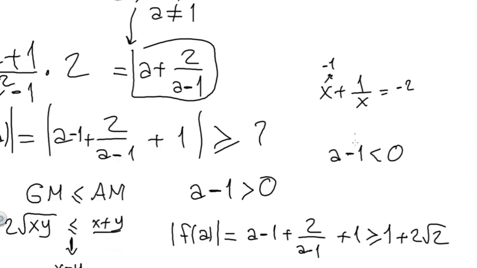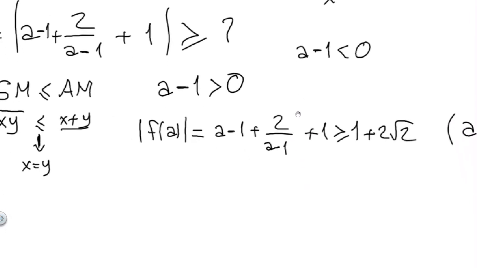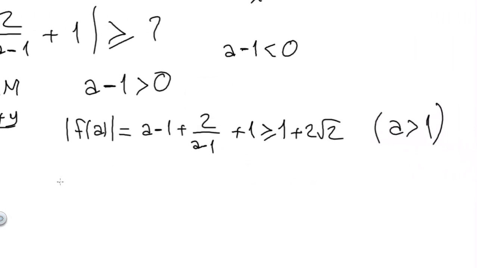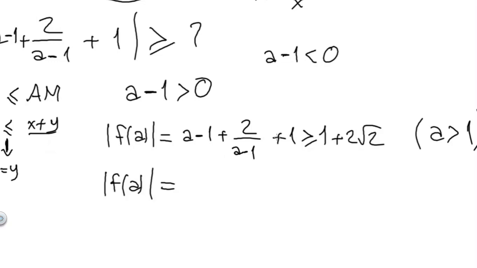So actually, if A is less than 1, if A minus 1 is negative, then this whole thing will also be negative, because this one is kind of smaller than that thing. So I'm going to have that FA is equal to, so this thing will just be negative, which means it will just be minus, okay?